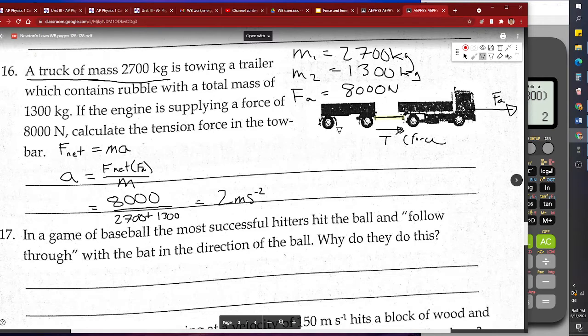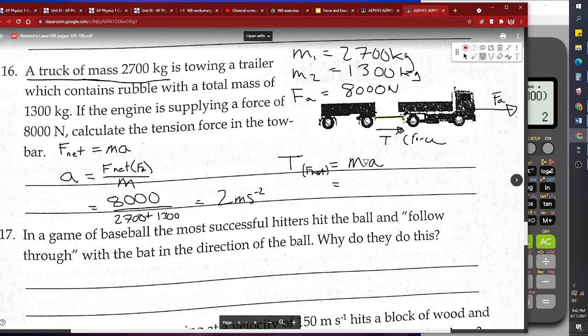So if this trailer is accelerating at 2 meters per second squared and it's only 1,300 kilograms, then there's a different force on it. How much force is pulling it? Well, we can see this now. That tension force is the net force, and it equals the mass times the acceleration. This mass is accelerating, so how much force did it take to do that?